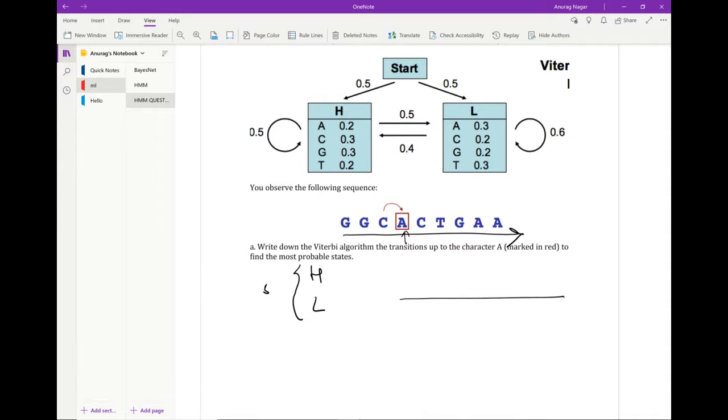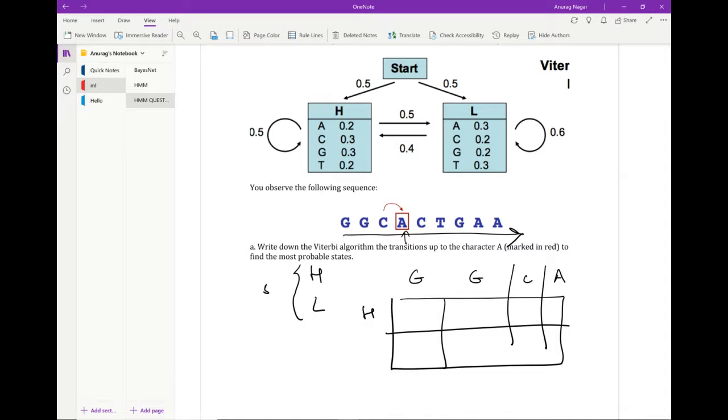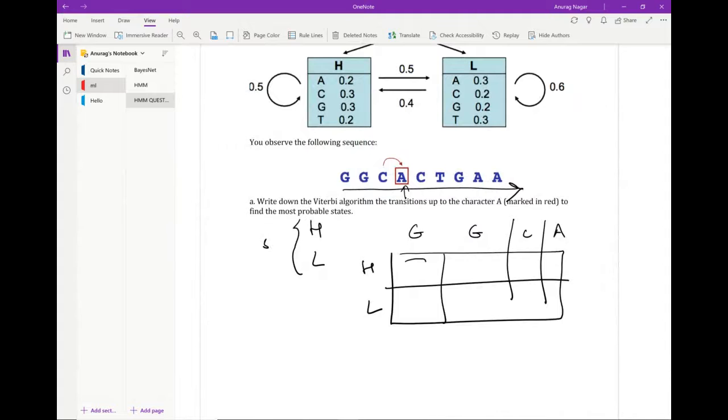So I'm gonna make a table, and the table will have G, G, C, A, four things, and there are two states, high and low, H and L. I don't know what they mean, but H and L state. So what would be this value?